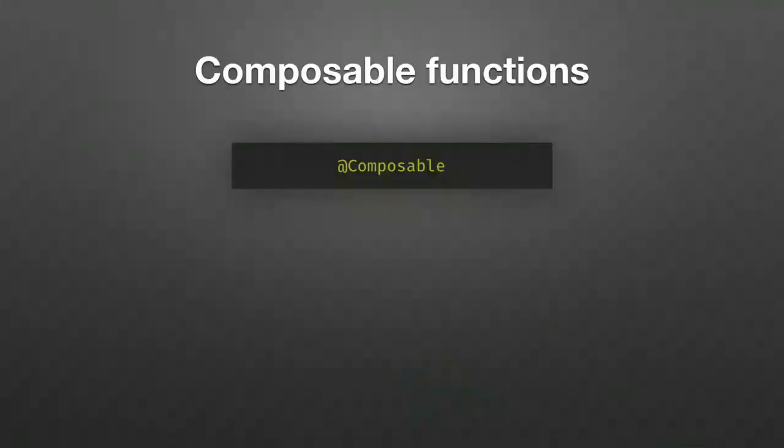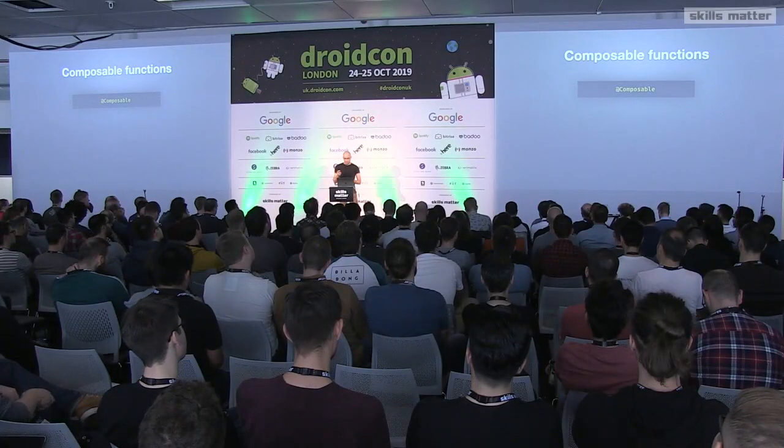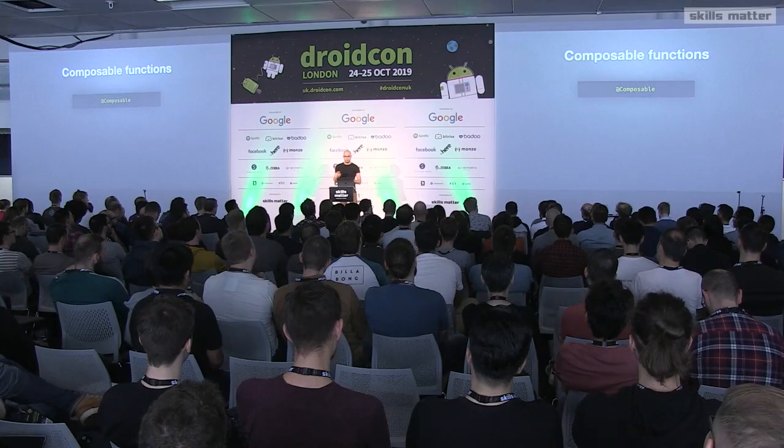Cool, so Composable. This is the core element of the Compose API, and it's just a simple annotation. But it's an annotation that's very similar to what we already have with coroutines. If you remember coroutines, when you write a suspendable function, the Kotlin compiler will do some magic with it.